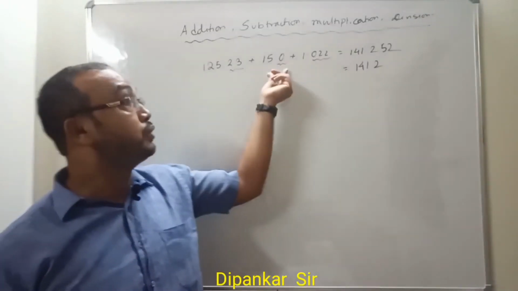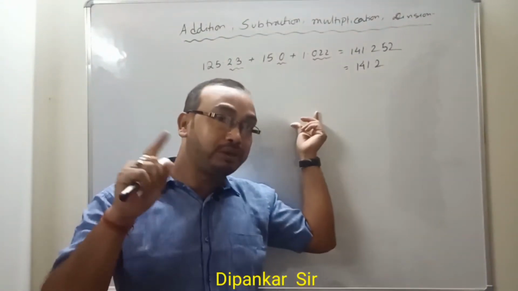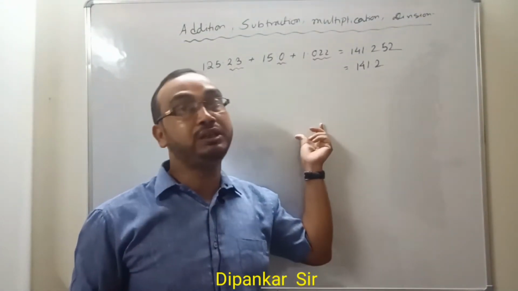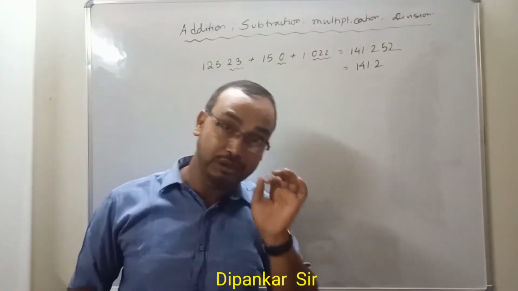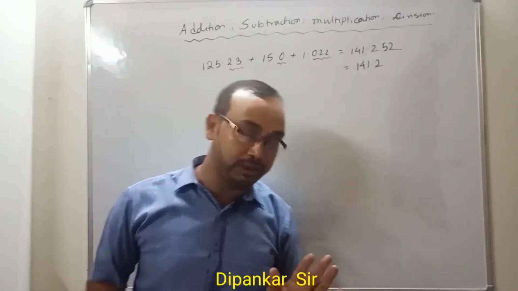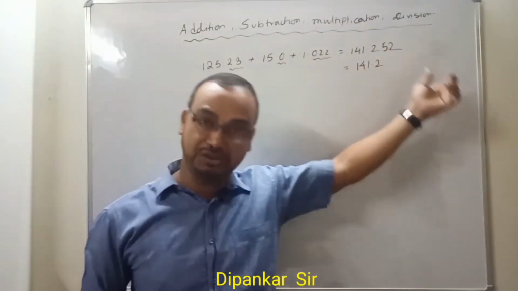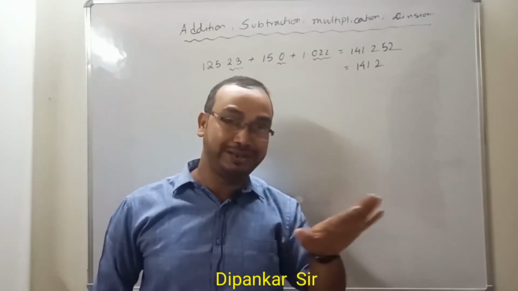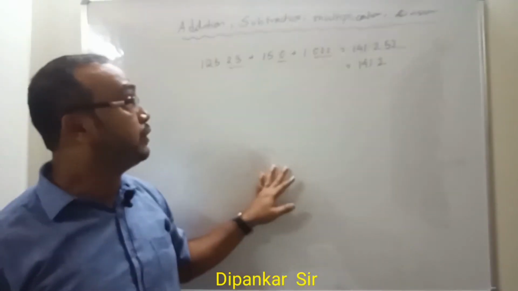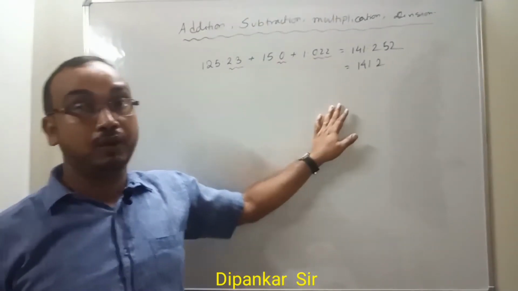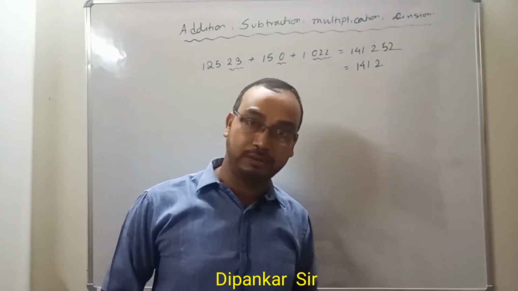That is, we have to follow the number of digits after the decimal, whichever is least. Again, whenever we add, subtract, multiply or divide various numbers, we have to follow the place after the decimal where the fewest digits are there.